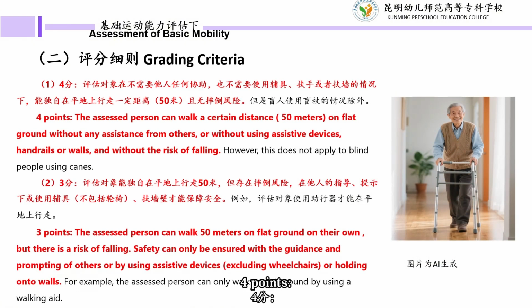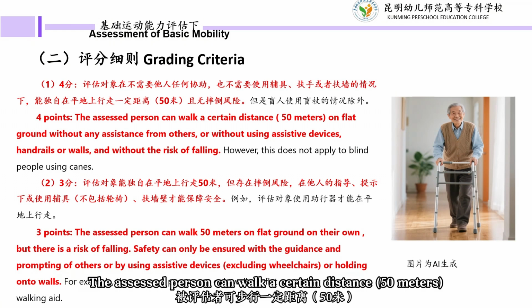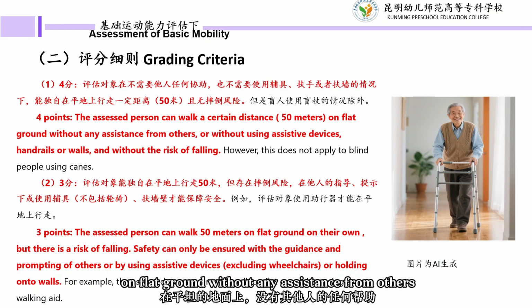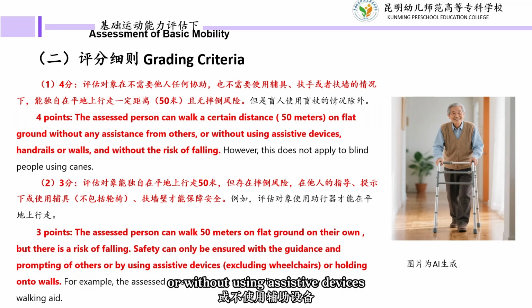Scoring details. 4 points: The assessed person can walk a certain distance, 50 meters on flat ground, without any assistance from others, or without using assistive devices, handrails or walls, and without the risk of falling.